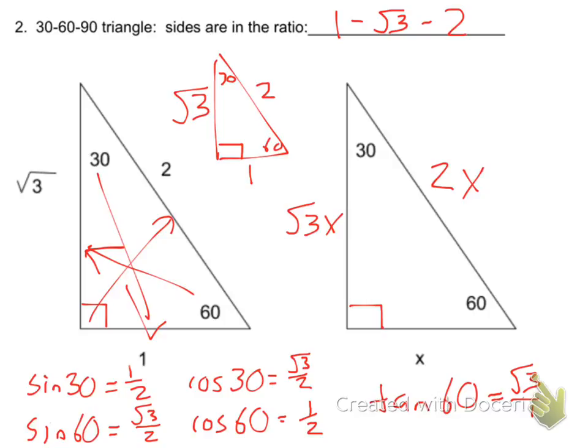If I call it x, then the next ones would be square root of 3x and 2x. Those are my side ratios, going in order from 30, 60, 90. Once you recognize a 30, 60, 90 triangle or a 45, 45, 90 triangle, if you know those sides and ratios, you're good to go.